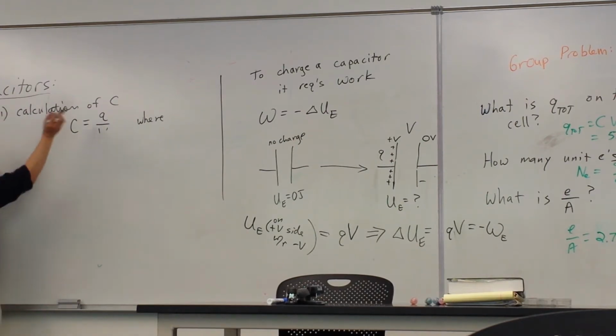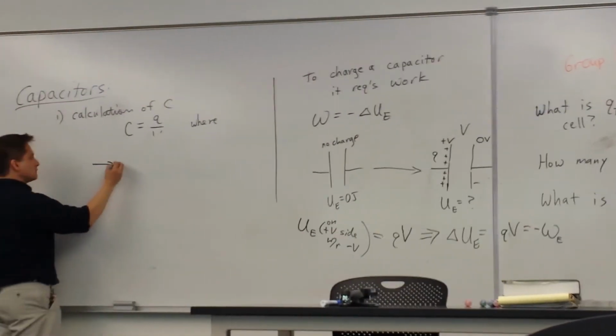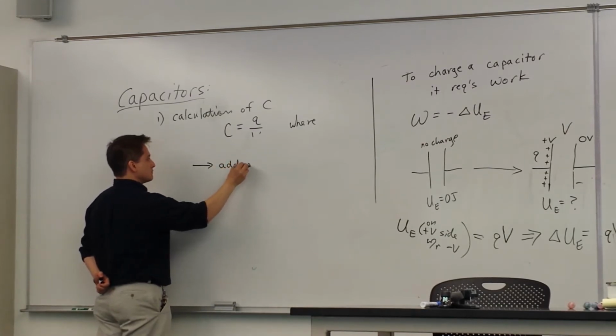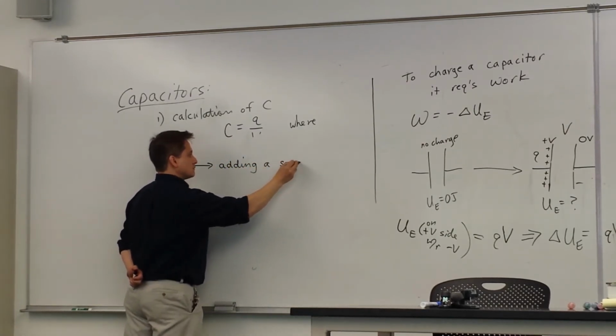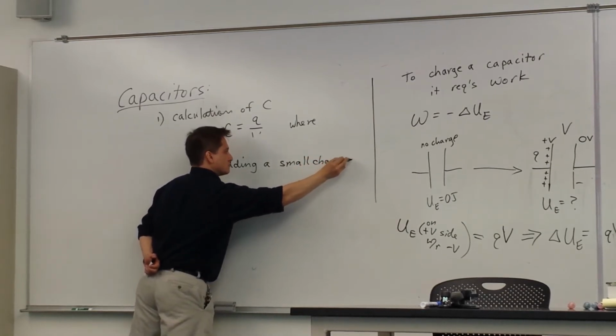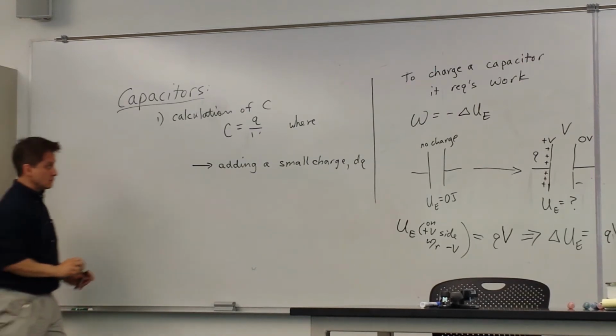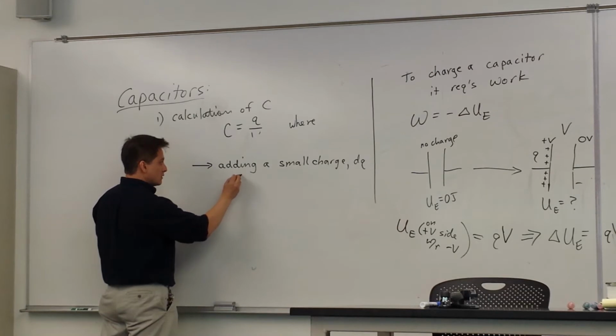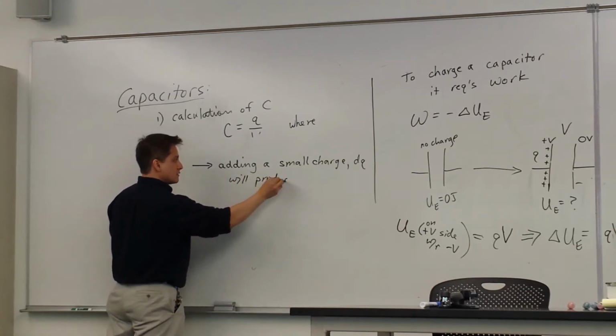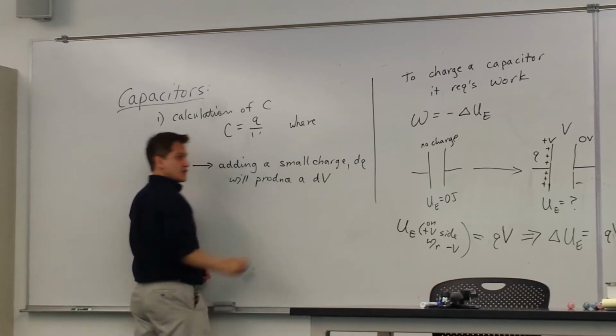Now, if we have a charged capacitor with a certain amount of charge, any increase in charge that we add on here, dQ, will produce a dV.